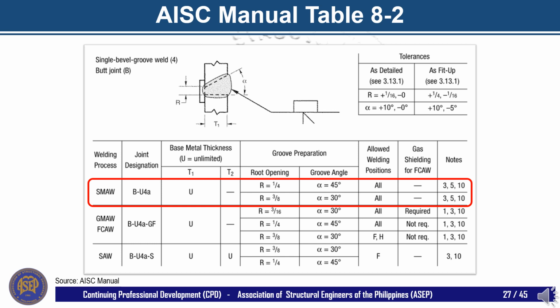As you can see in this image, the root opening for a CJP weld with a joint designation of B-U4a using shielded metal arc welding is 1/4 inch and 3/8 inch for groove angles 45 degrees and 30 degrees respectively. The base metal thickness is unlimited and all the welding positions are allowed.